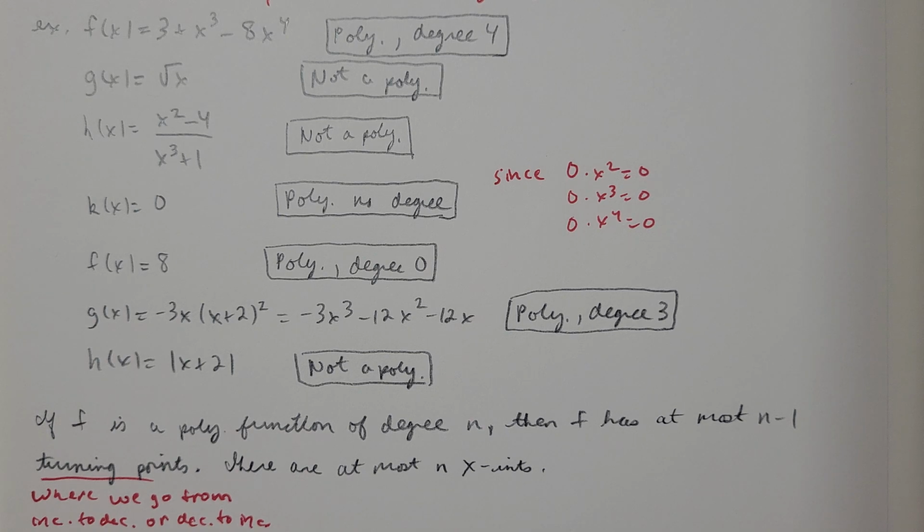And is every single value in front of x a real number? Yes. So -3, -12, and -12, those are examples of real numbers. So that condition is satisfied. Okay, this would be a polynomial, and the degree of the polynomial is 3. The degree is always the highest power of x that we see there.